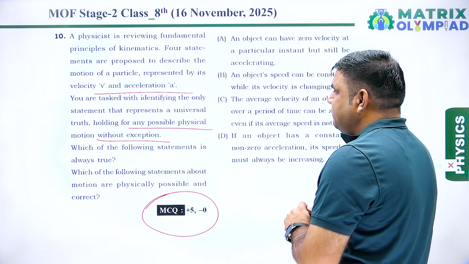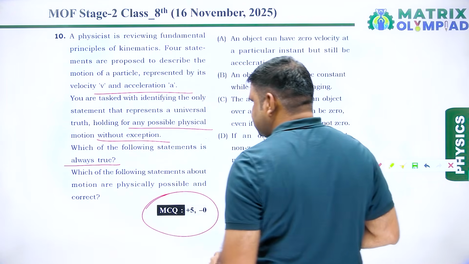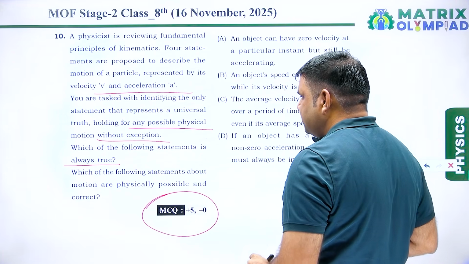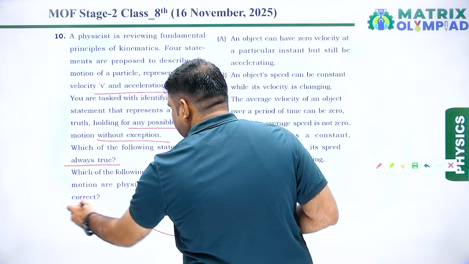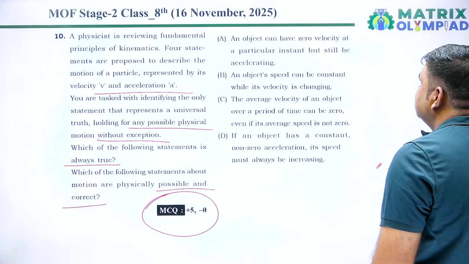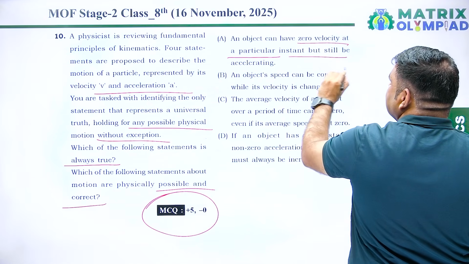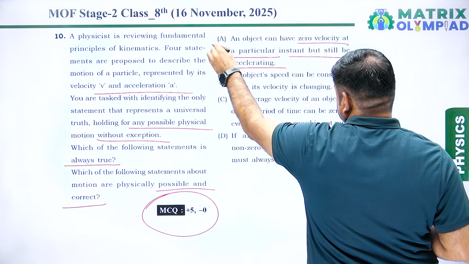Which of the following statements about motion are physically possible and correct? The first option is, an object can have zero velocity at a particular instant but still have acceleration. Yes, this is true.